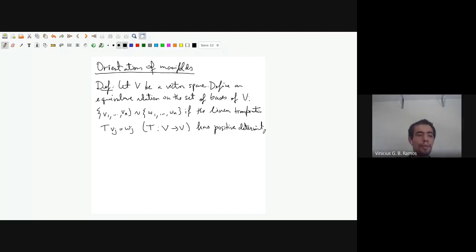Okay, let me just recall that the determinant is defined for maps of a vector space to itself. You don't need to choose a basis and define it for a matrix. And it's easy to check that this is an equivalence relation.